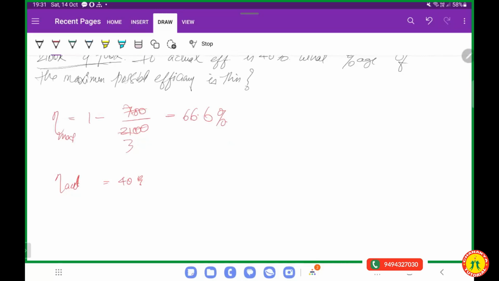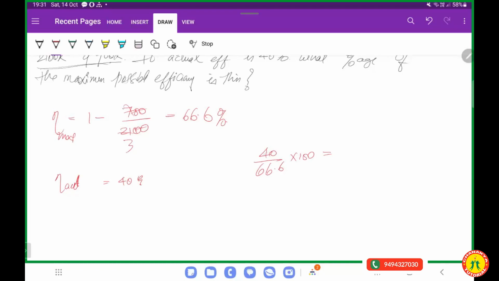So if I take the ratio of this maximum to this one, 40 divided by 66.6 into 100, which gives how much? 66.66 means 1 by 3, 100 by 3, so the 100 cancels, 2 by 3.